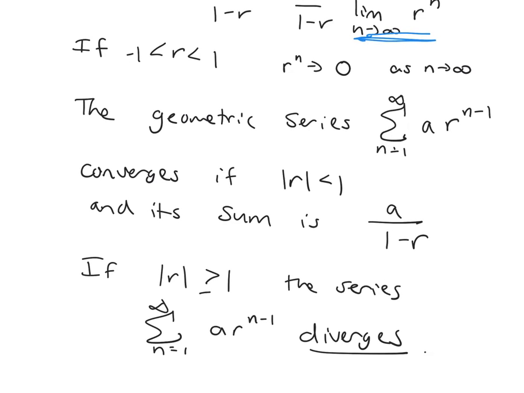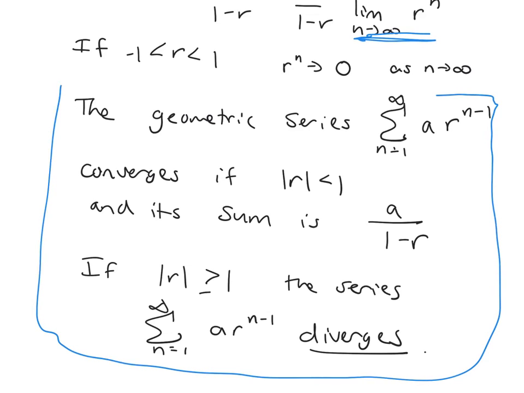This is the part that I want you to take away from what we just did. This is the overall statement that you're going to need to remember. It tells you exactly when a geometric series converges, and exactly when it diverges.